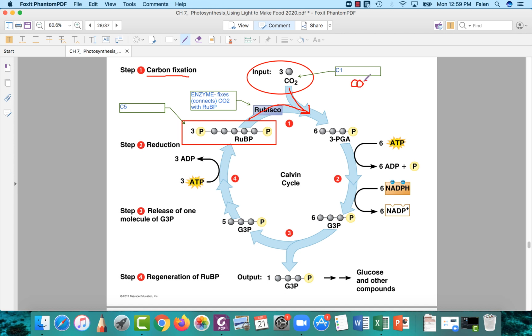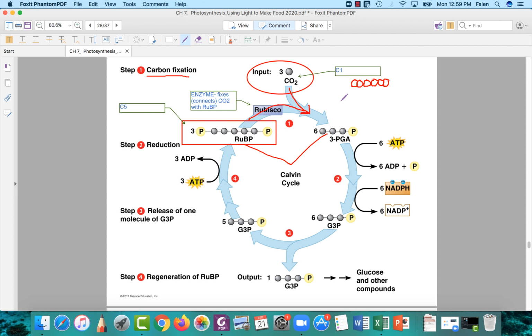So 1, 2, 3, 4, 5, and 6. Okay, so this is happening in this area here. Carbon fixation.